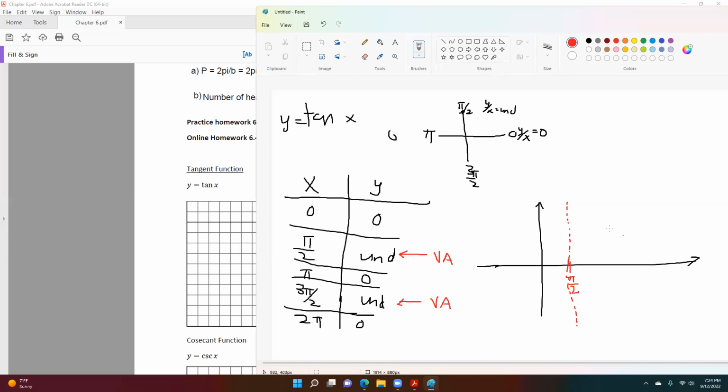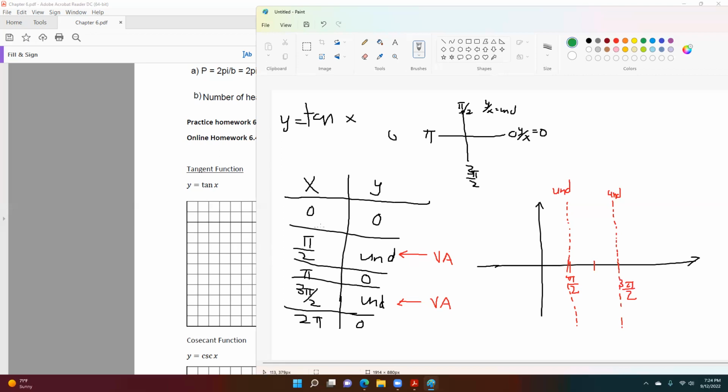That's telling us that this tangent graph cannot cross at pi over 2. It happens again at 3 pi over 2, and you will get another vertical asymptote. So these are the two undefined cases here. On the graph, undefined means vertical asymptote.